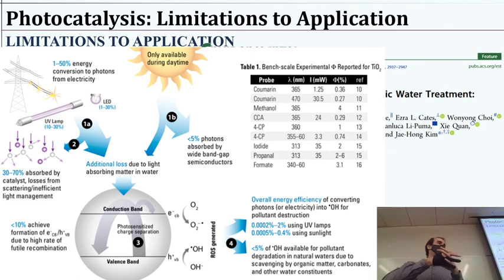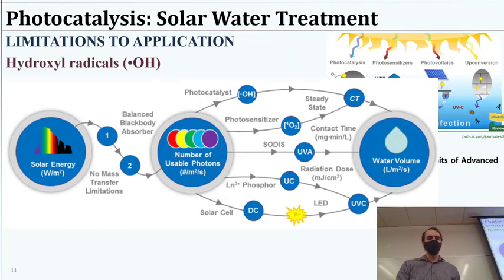Reactor design is important because the radicals are only going to diffuse so far. So you have to have a system where there's enough contact time. So if you remember that other figure from the other paper, that contact time is what's going to determine how effective this is at degrading a pathogen or a pollutant. You have to have the radical and the chemical or the pathogen together in order to have the reaction occur.